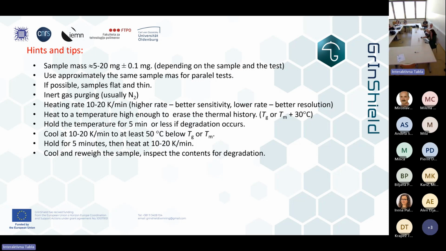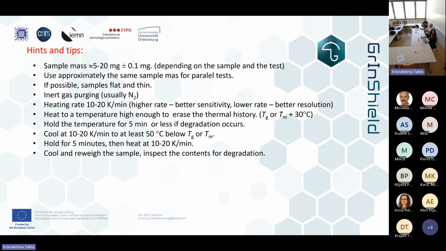Then we have to heat a sample to a temperature which is high enough to erase the thermal history of the sample. So what is thermal history? The thermal behavior of polymers is sensitive to processing conditions. If we cool it faster or slower, we will get different DSC data if the material is crystalline.